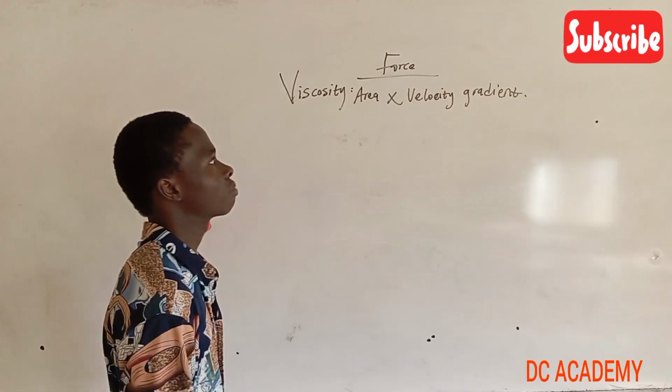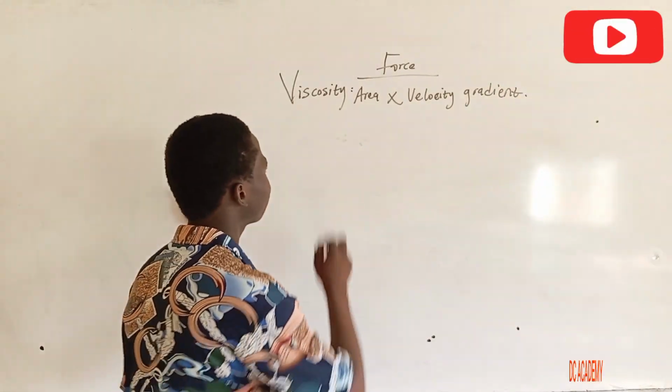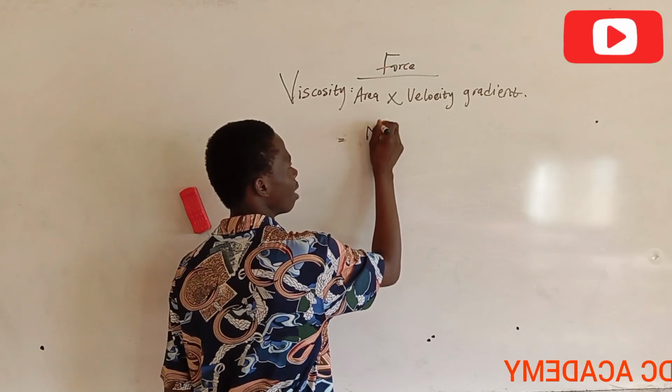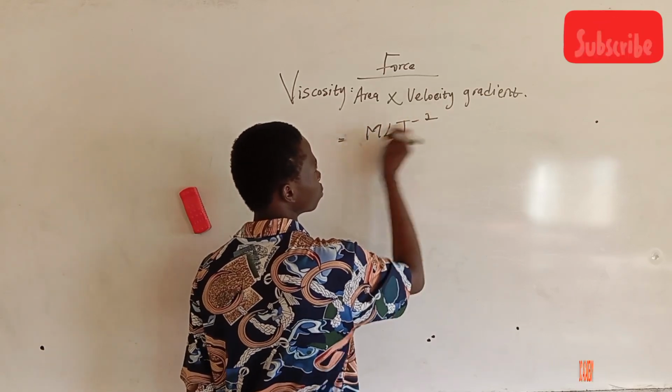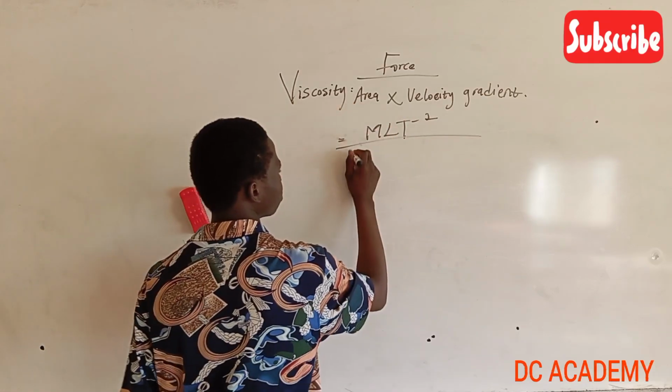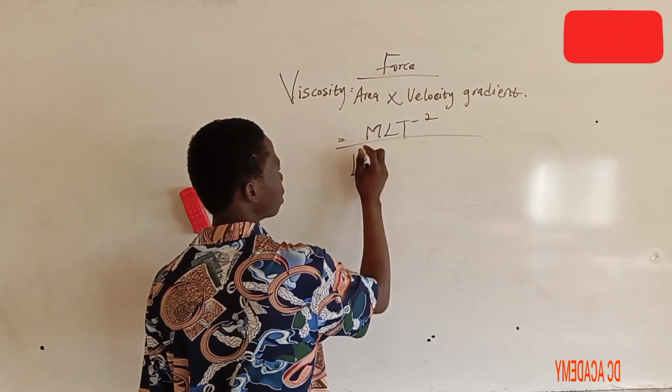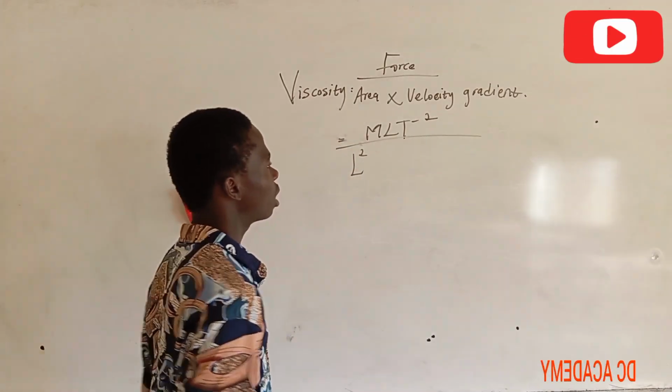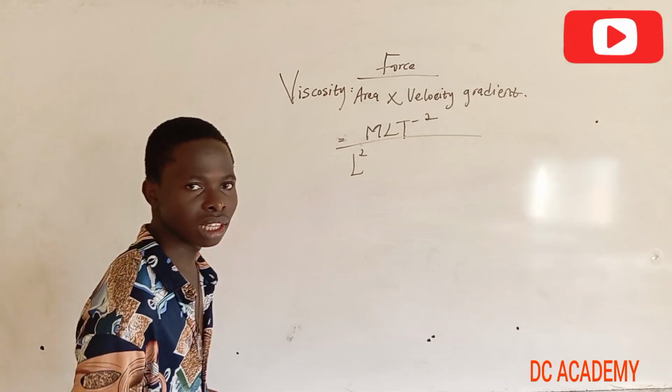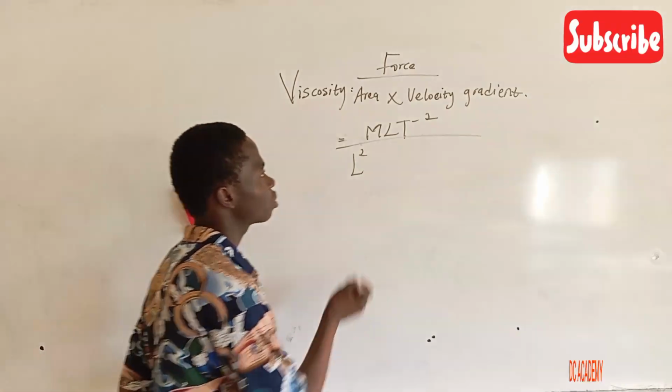This is viscosity. Remember, earlier we got force to be MLT⁻². And area is what? L squared. Right? Area is length times breadth, L squared.